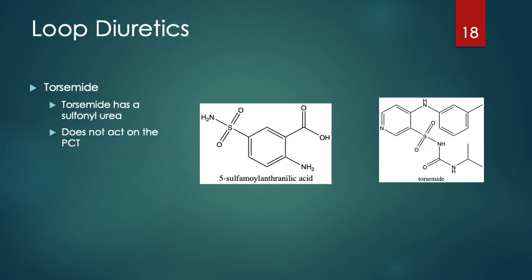So if you want to compare torsemide and furosemide, both of the drugs are sulfamyl anthranilic acid derivatives. The main difference is that instead of a sulfonamide group, you have a sulfonyl urea group, and that drug also does not act on the proximal convoluted tubule.